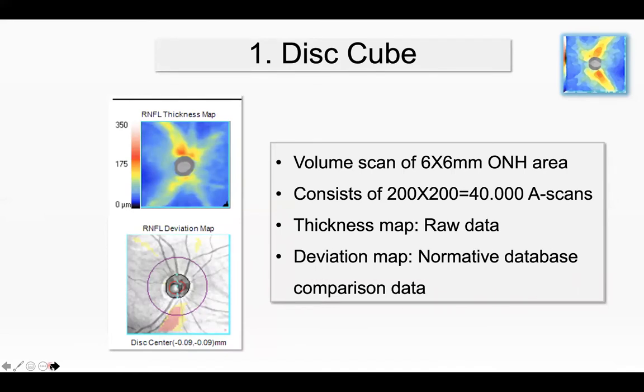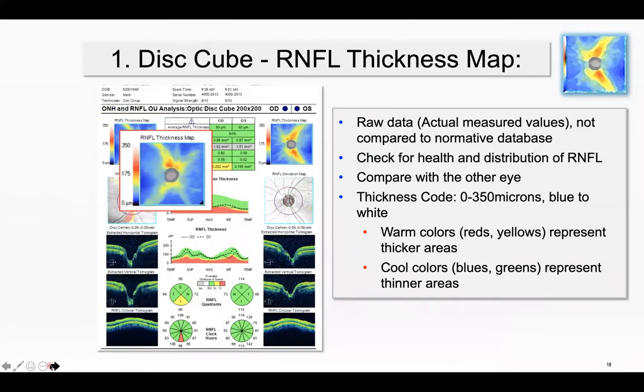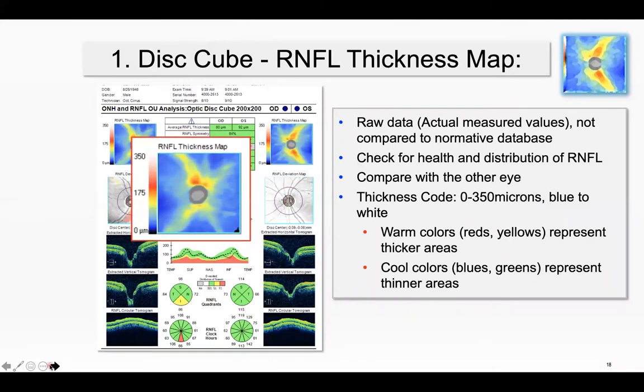In Cirrus, the optic nerve head disc cube is a 6 × 6 mm scan area. It consists of 40,000 A scans. It's the raw data, which means actual measured values of the scan, and they are not related to normative database values. So they are less vulnerable to the anatomic variations or the artifacts.